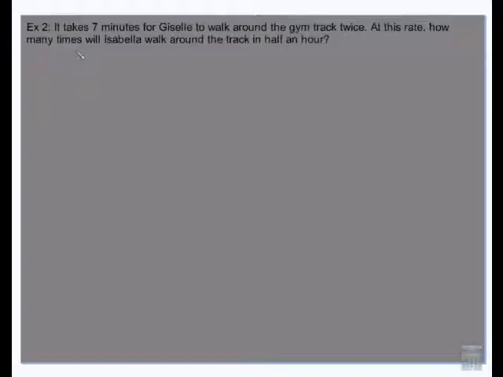Do you want minutes on the top or number of times around the track on the top? Because it doesn't matter. Minutes on top, so I'm going to do 7 over 2. How many times can she walk around the track in half an hour? How many minutes is that? So 30 over x. Cross multiply it, I get 7x is equal to 60.